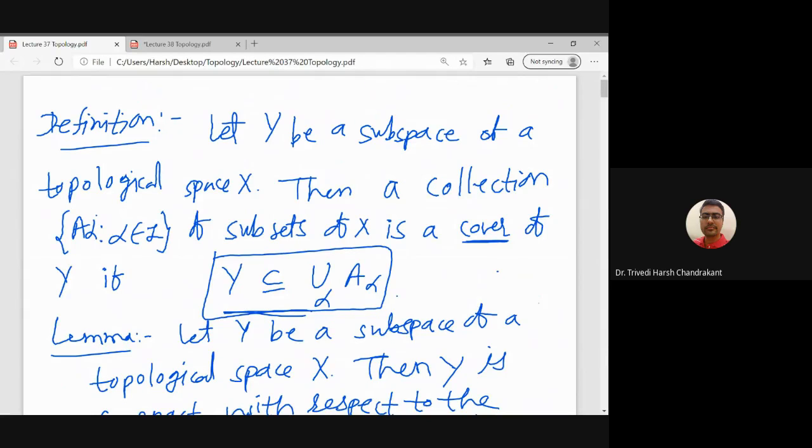In the last lecture, we discussed that if Y is a subspace of a topological space X, then what is the meaning of the cover of Y by the subsets of X? The collection A alpha of subsets of X will cover Y. That means for every element of Y, I can find one A alpha such that the element belongs to A alpha.